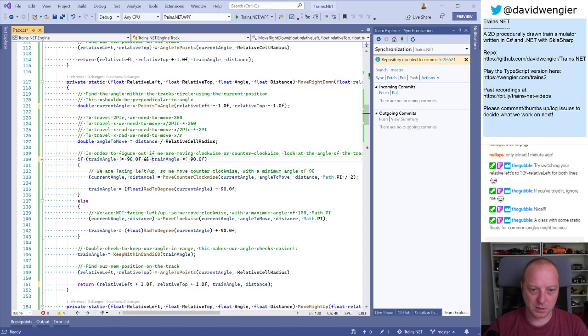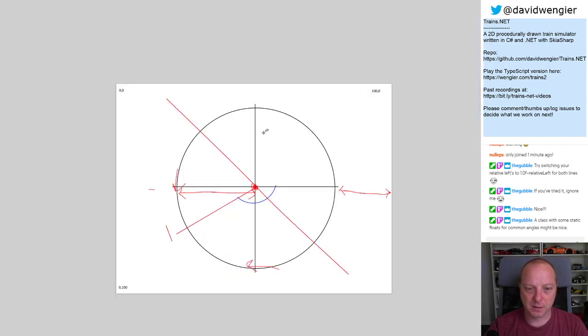So 90 and 180. Our minimum angle here is when we end up here. This is 180. But it would be negative 180, I think.